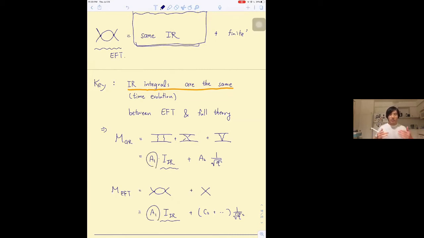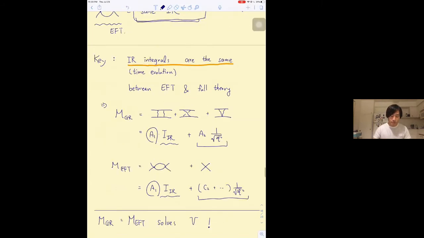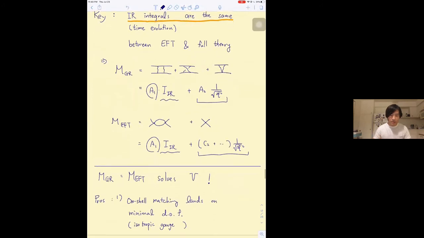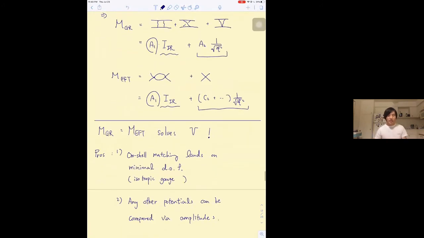Once you equate these two amplitudes, this IR divergence cancels, and the residual finite part you can use to fix your higher order potential. That's how the IR divergence is canceled, and how we use the full gravitational amplitude to fix the effective potential.